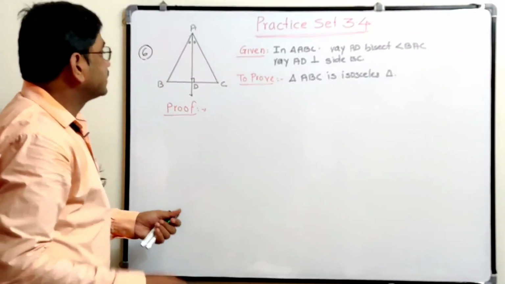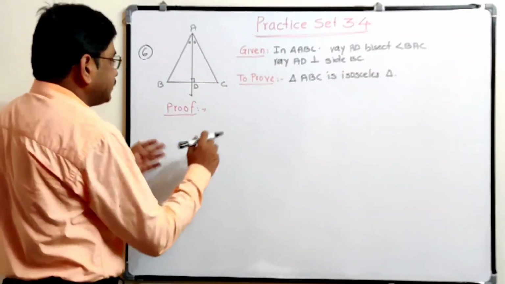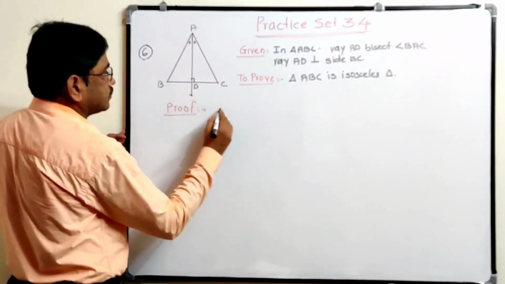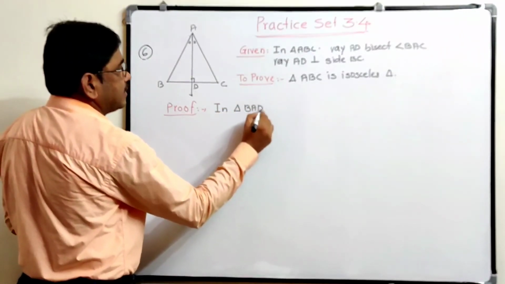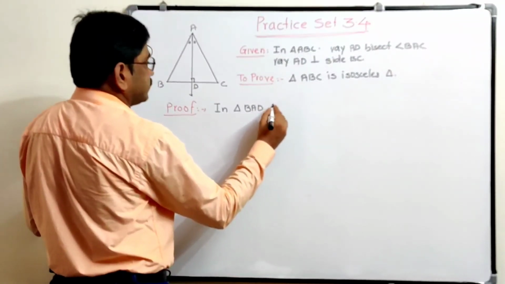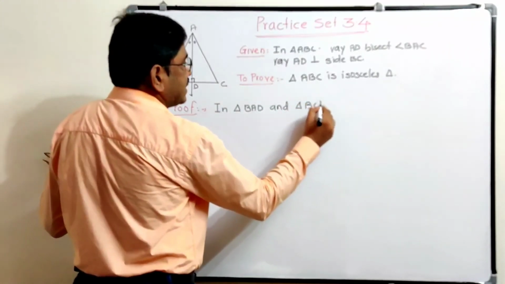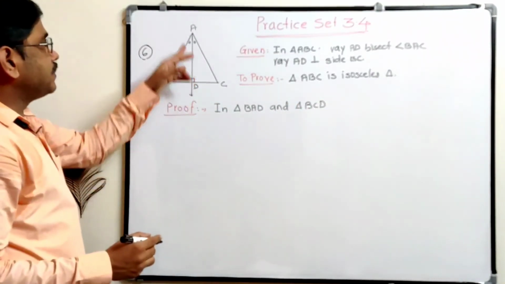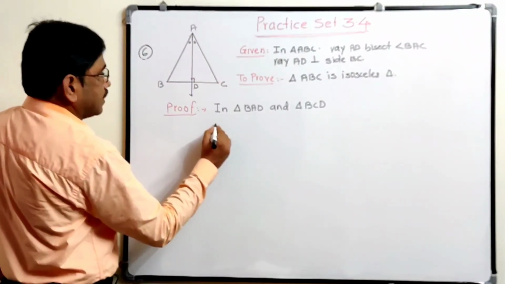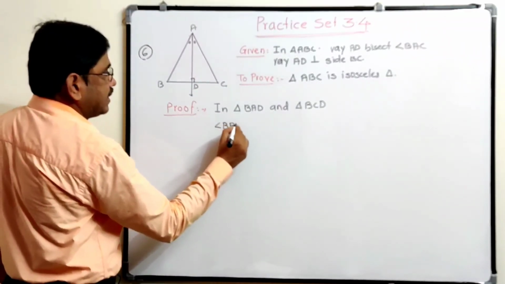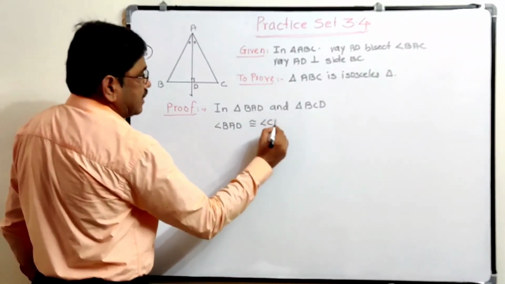Here 2 triangles are there, triangle BAD and triangle BCD. So in triangle BAD and triangle BCD, angle BAD is congruent to angle CAD.